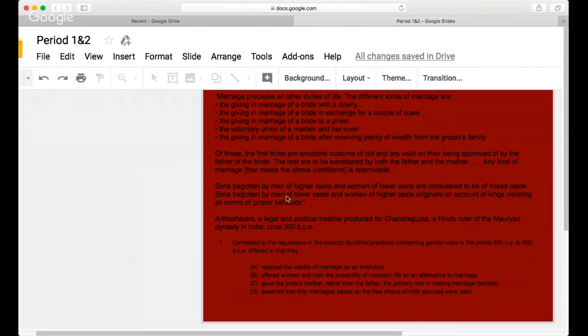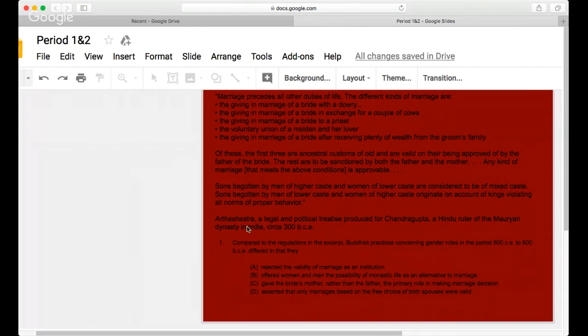So it looks like lower class men and higher class women cannot get married, but men of higher caste and women of lower caste can get married. Okay, so a man could marry a woman who's lower than him, but a woman cannot marry a man who's lower than him, which makes sense because it looks like a lot of these, it's the woman's family who's getting all of the money. So if the woman was rich, her family would want her to marry someone who's the same or someone who's higher.